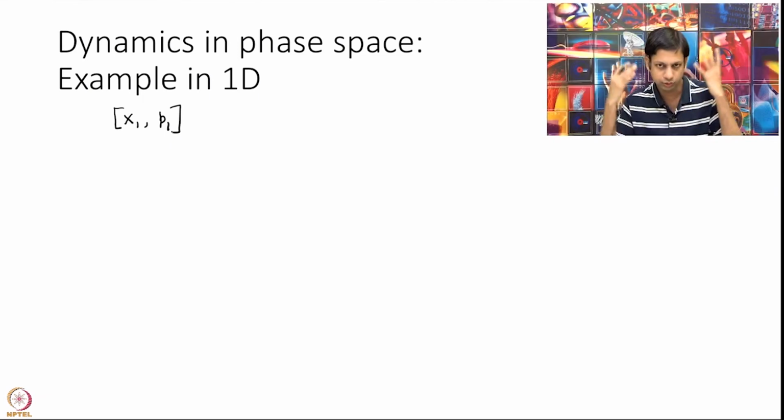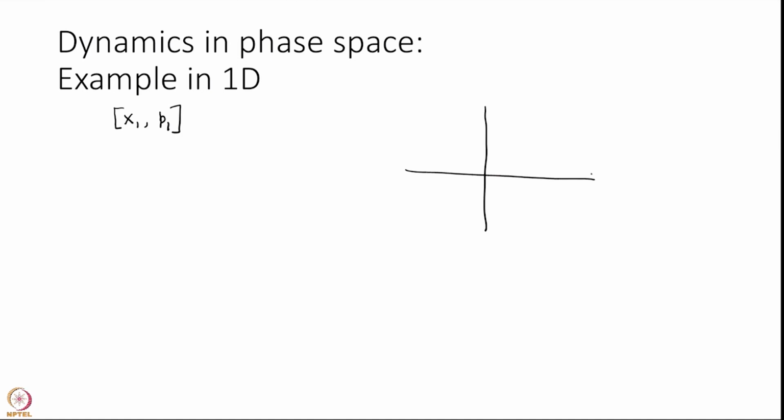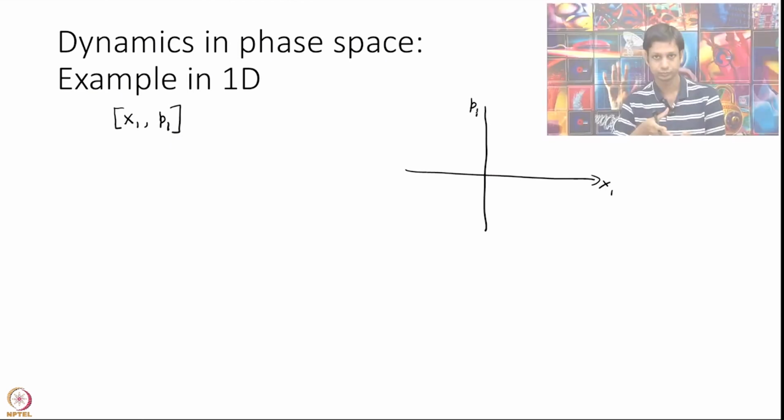I also think the same way. We are trying to build our knowledge on 1D and we will be able to perhaps extrapolate it to 6n dimensions. So, I have only x1 and p1. So, these are my coordinates now. Okay.